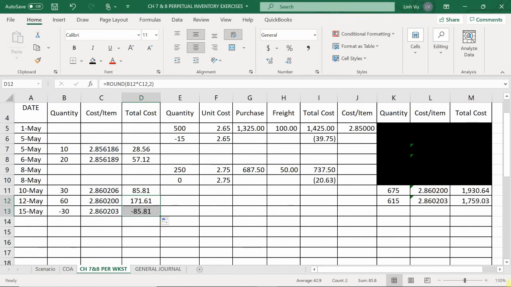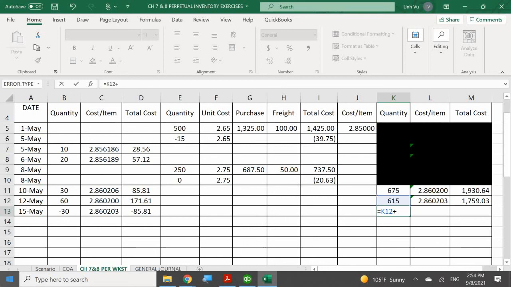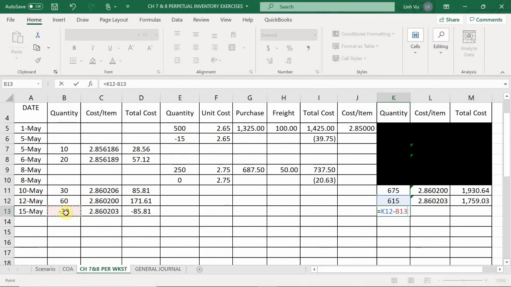$85.81. So therefore, I need to plug that number back into my inventory worksheet because I have to put it back into inventory, because remember, they are returning the items. So I have to put back these items into inventory.